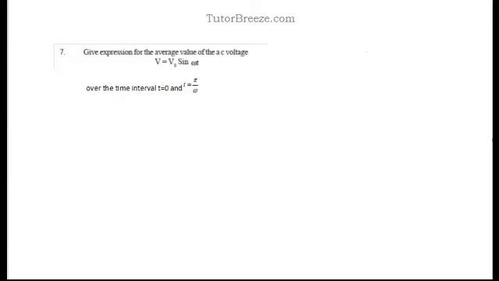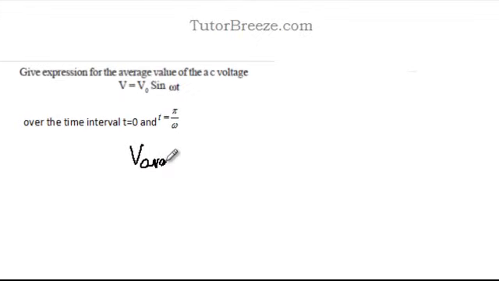Now to find the average value over here, we'll use integration. So the average value of the AC voltage will be 1 over T integral V dt integrated from 0 to T. These will be the limits.